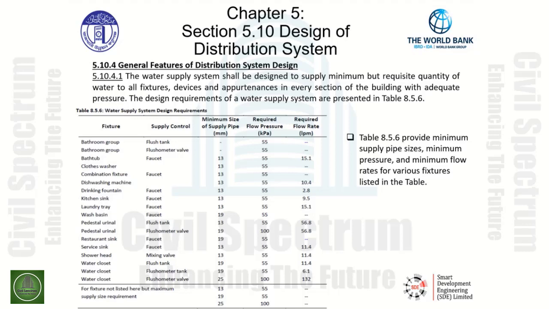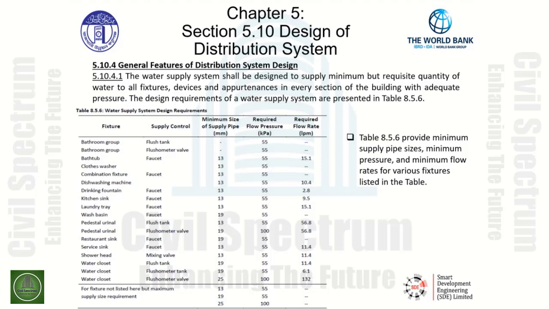If we look at another example of a fixture, such as a drinking fountain, the required flow rate is very low, as can be seen here at 2.8 liters per minute. If we pick another fixture, such as a shower head with a mixing valve, the required flow rate at a minimum must be 11.4 liters per minute.